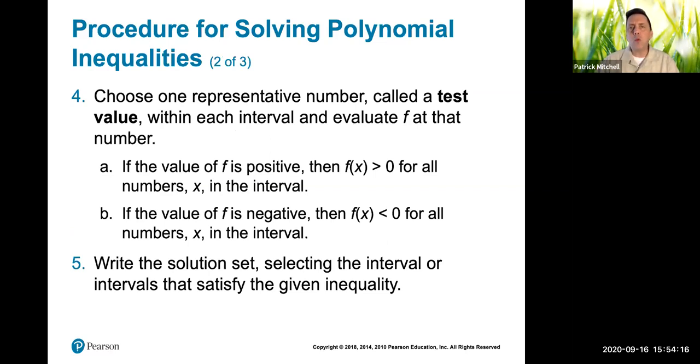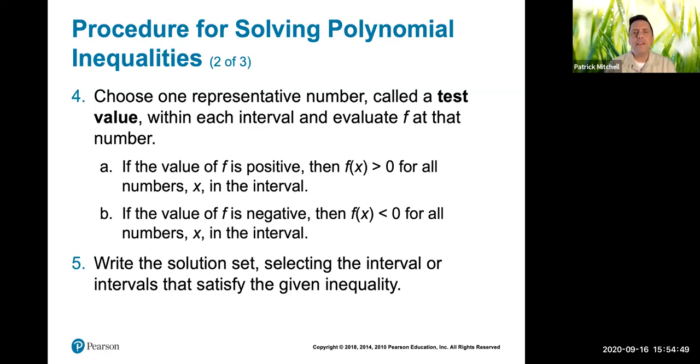And then we will choose one representative number, called a test value, within each interval and evaluate f at that number. If the value of f is positive, then f of x is going to be greater than 0 for all numbers in that interval, because remember, it can't change sign anywhere except at those boundary points. So if it's positive for one number inside the interval, it's positive for all numbers inside the interval.